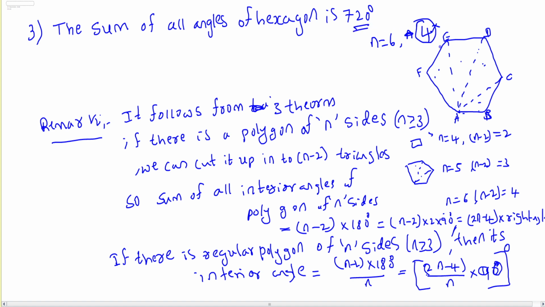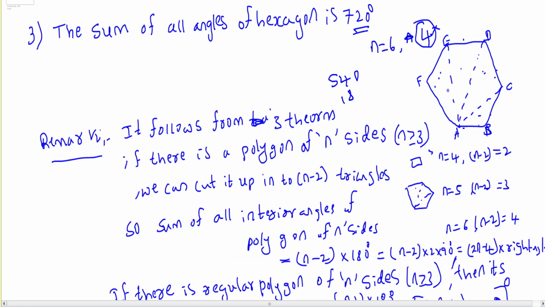We can also use the earlier result: pentagon's 540 plus 180 gives 720. You can prove it that way also.